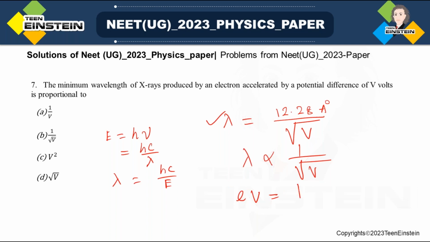So p square by 2m, generally like de Broglie wave. But better not to go into this detail, be satisfied with this, and remember this formula. So option B will be correct here.